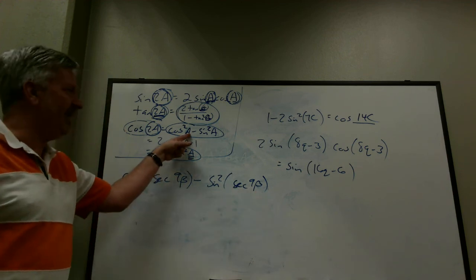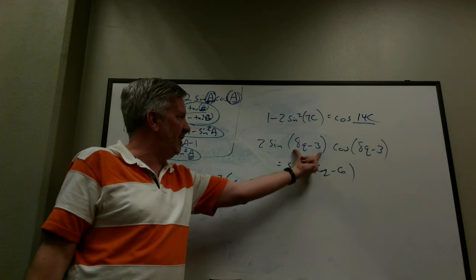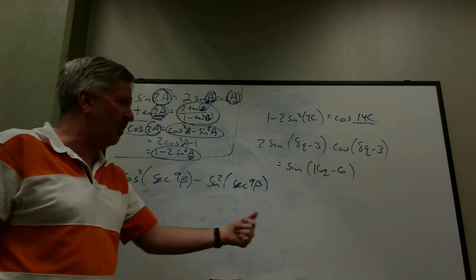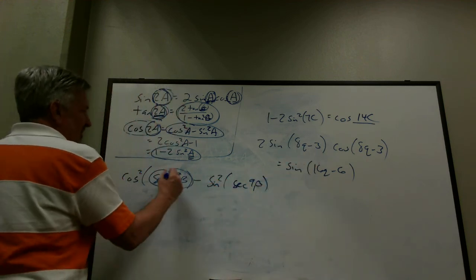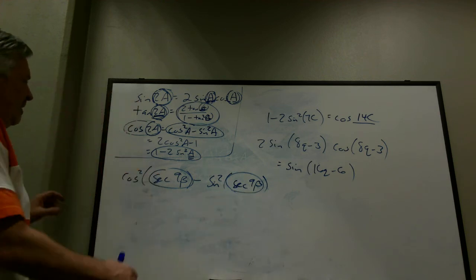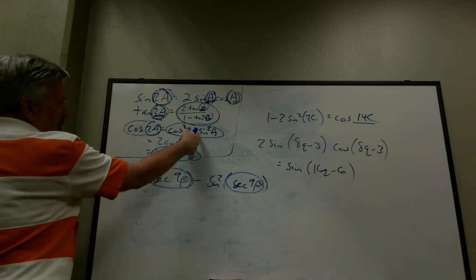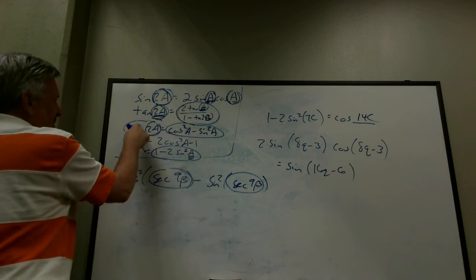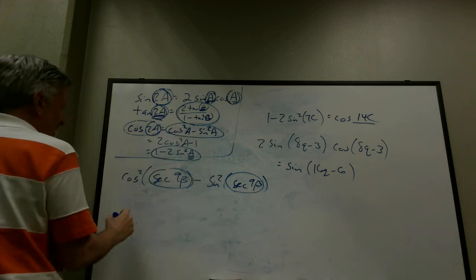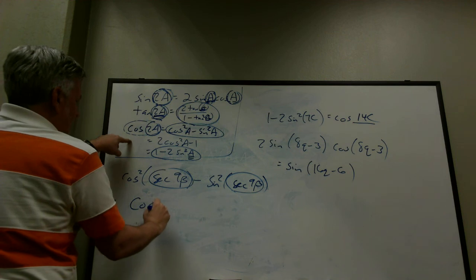Remember, the A doesn't have to be something simple like A or X or 7c even. It could be something complicated like 8q minus 3 or what we had before. So the angle here is this. Okay? So if we want to rewrite that in this form, you could go from here to here, here to here, but we're practicing going from the double to the single. Okay? By this is equal to this, so it's cosine of something.